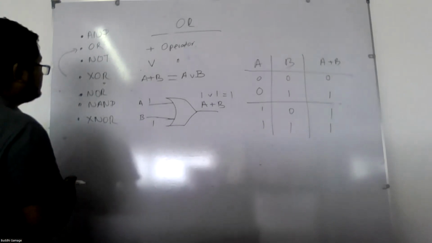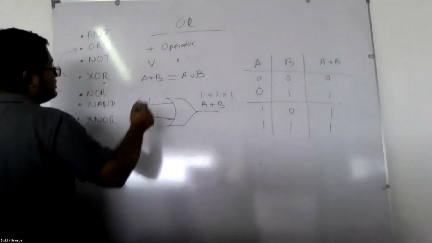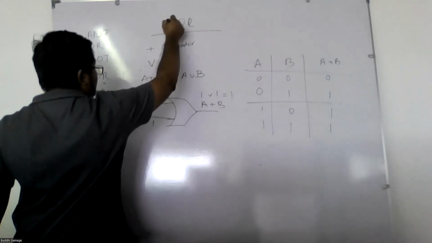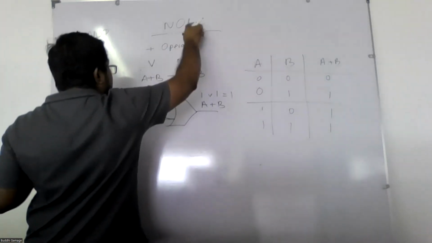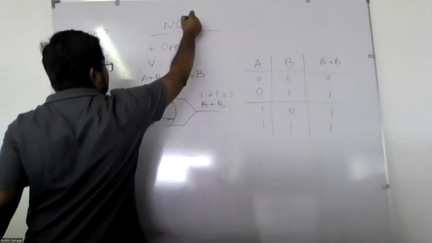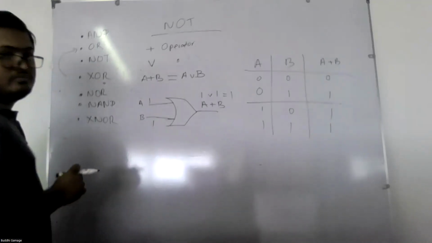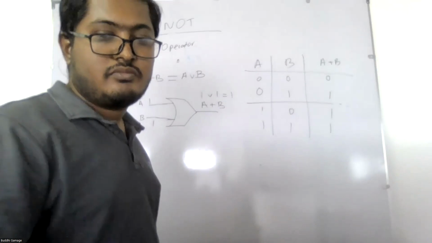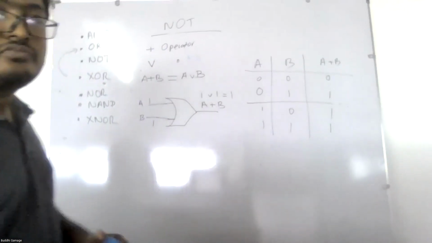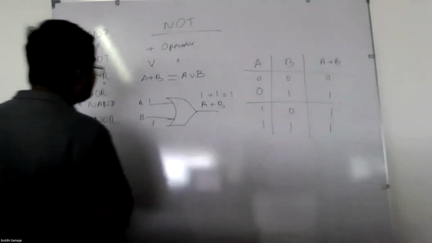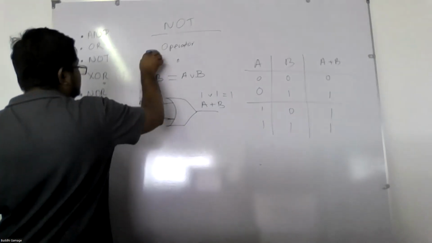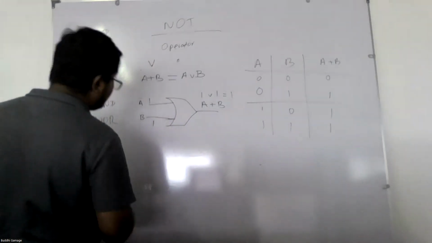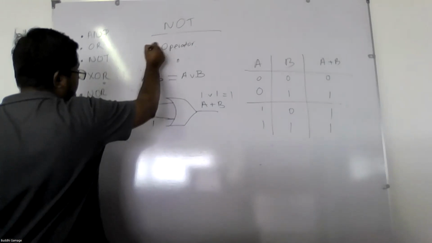Our next gate is the NOT operator. The next operator will be derived, or written, this way.